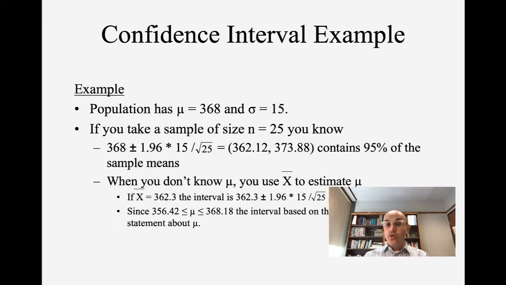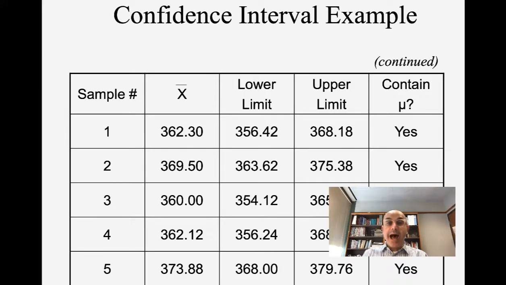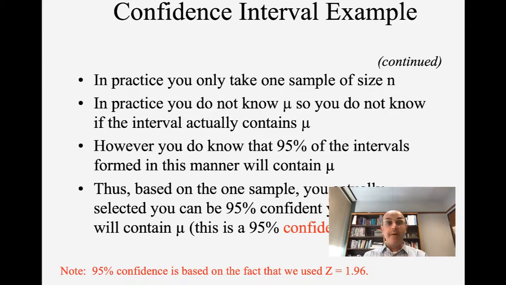So the problem begins when you do not know mu, the standard deviation. You use the x hat to estimate the mu. So in this case, we need to be very transparent with our procedure. So for a sample, when do we apply it: upper level, lower level, contain mu, yes or no, and how to apply that.